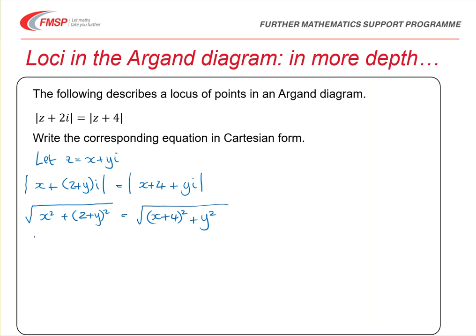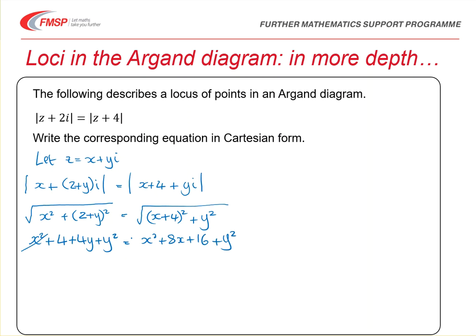Squaring both sides and expanding the brackets all in one go, we end up with x squared plus 4x plus 4 plus y squared is equal to x squared plus 8x plus 16 plus y squared on the right hand side.